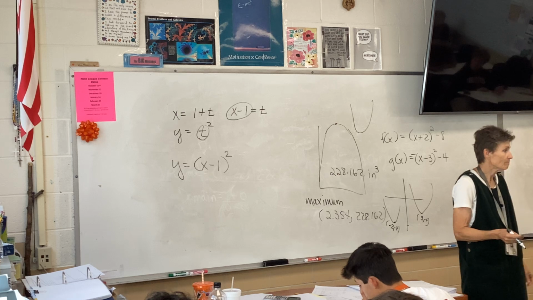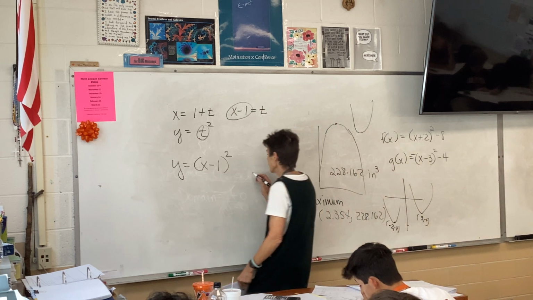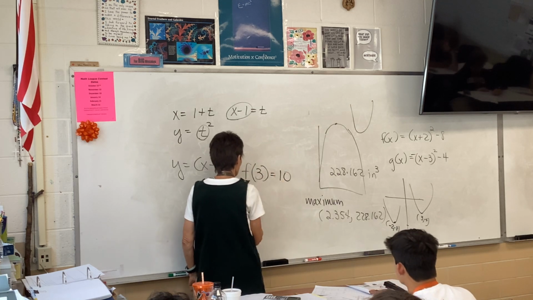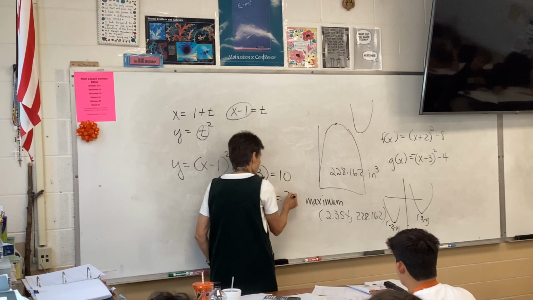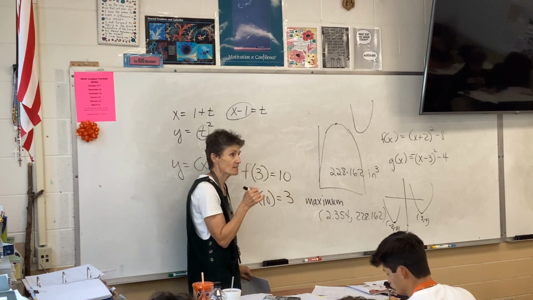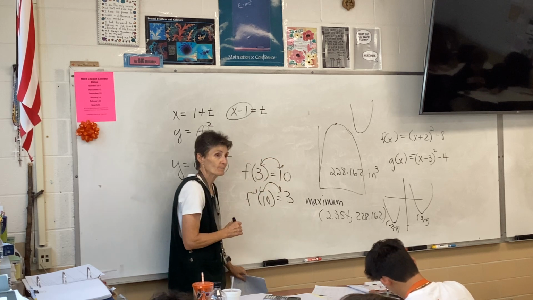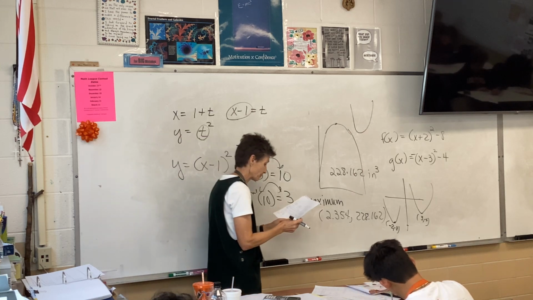You should get 5. Exactly. So if f of 3 is 10, then f inverse of 10 is going to have to be 3. Because what happens, guys, with inverses? Don't your x and your y switch? Yeah, easy question.